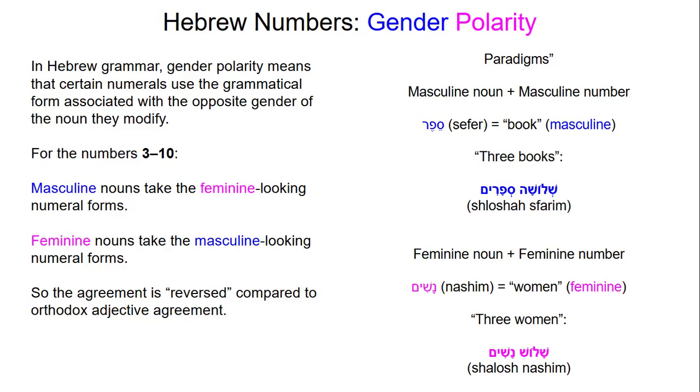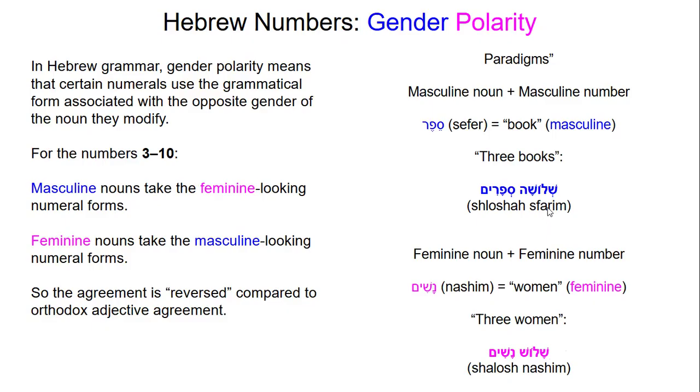Nashim is feminine. And so the number, which in this case performs as an adjective in a way, in Hebrew grammar, there must be noun adjective agreement. So that's why we see Shalosh being the feminine iteration of the number 3, connecting to Nashim, which is the feminine noun in Hebrew for women.